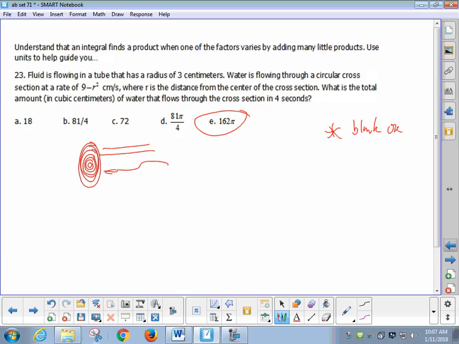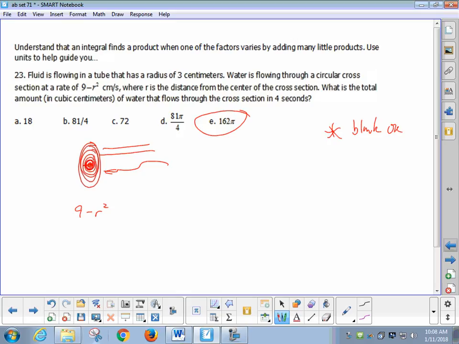So the rate it flows through here is going to vary based on r. So I will need to find how much volume goes through each of those points. I'll have to talk about the rate, 9 minus r squared, but then times how much region is there.